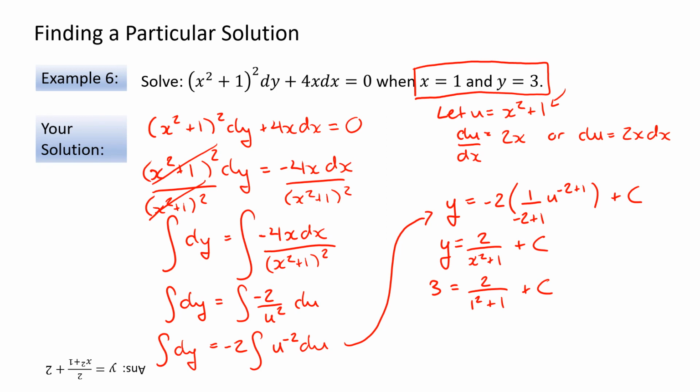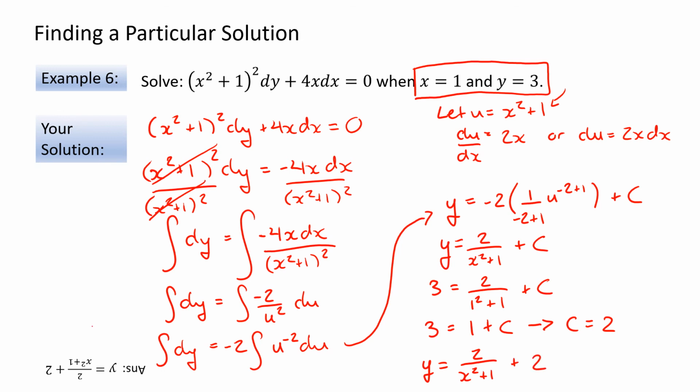So 2 divided by 1 plus 1 is 2 divided by 2, or 1. So we get 3 is equal to 1 plus a constant, which means the constant must be equal to 2, right? Moving the 1 to the other side. So our final equation is y is equal to 2 divided by x squared plus 1, plus 2.